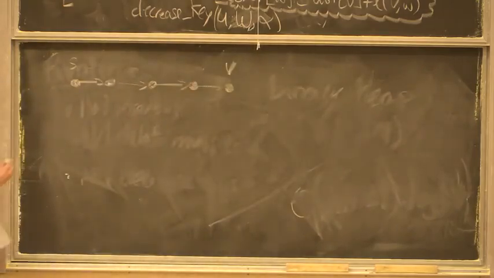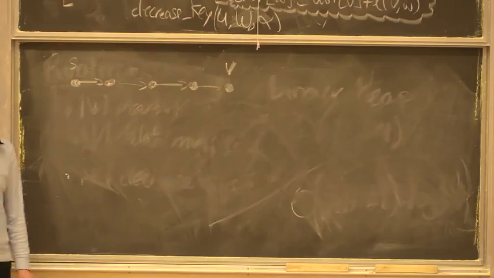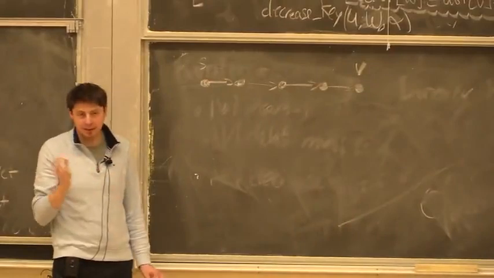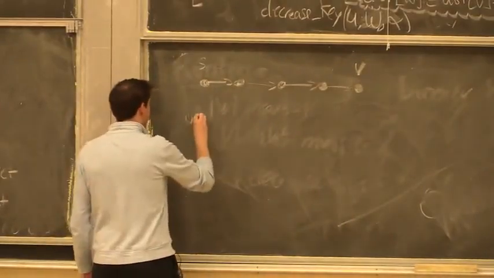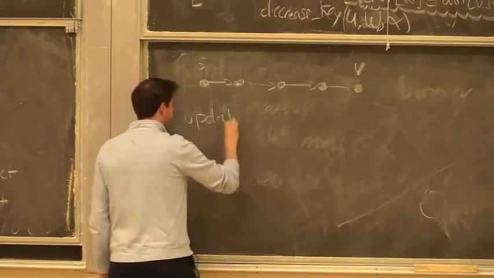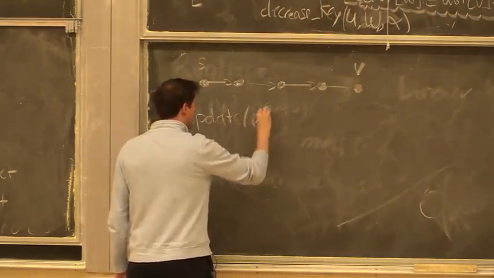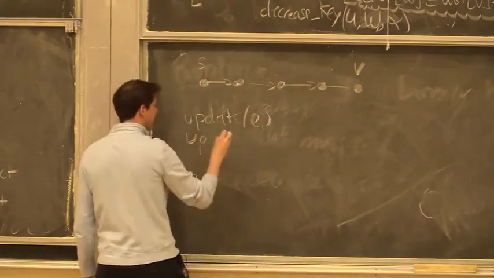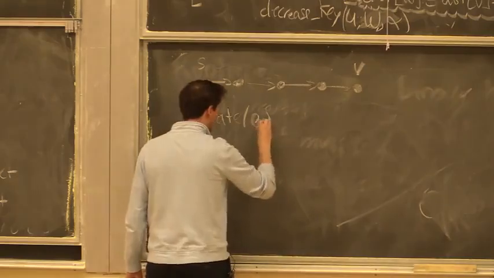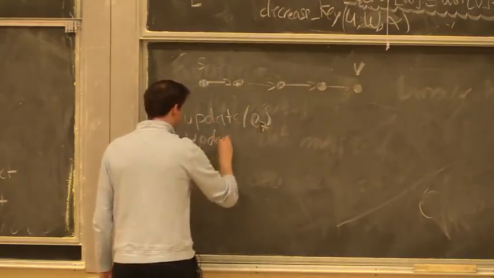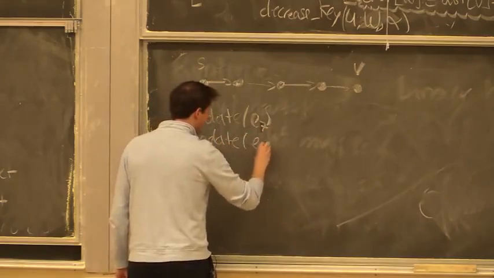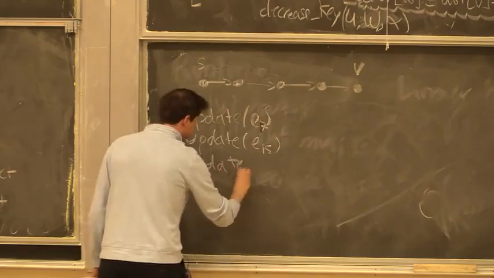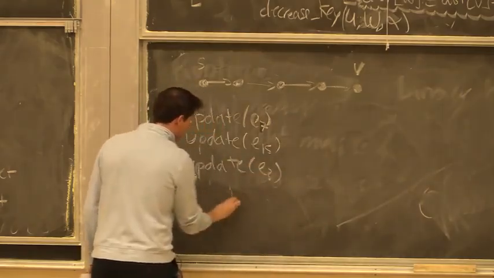Now suppose that I'm doing updates on edges. Okay, and for now I'm blindly doing that. So I do update edge 1, not necessarily this one. So let's call it, I don't know, edge 7, update edge 15, update edge 3, and I'm just doing updates, okay?